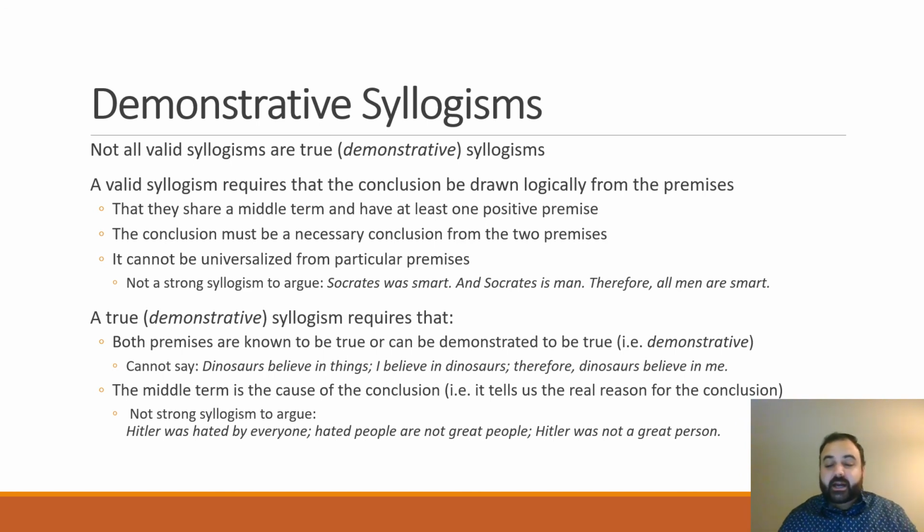So this is getting into more of the nitty gritty, but it goes to show that if you're trying to build not just a valid syllogism, but a true demonstrative syllogism, one that is really strong in its logic, you need to make sure that not only do you follow the rules of having a middle term and at least one positive premise, but also that you're not trying to make a universal statement from a particular premise, and also that the conclusion you reach is really clear by a good middle term.